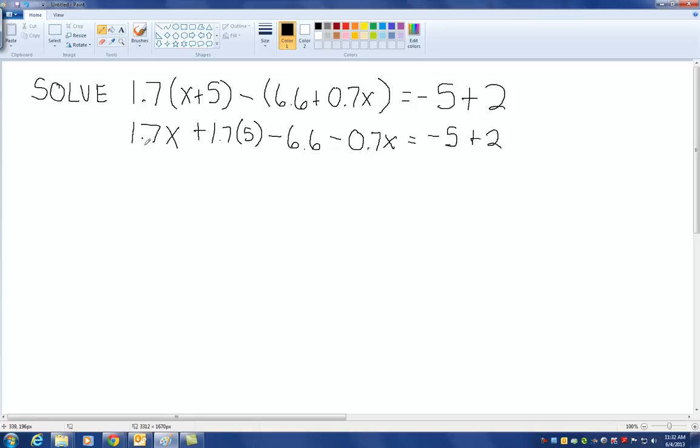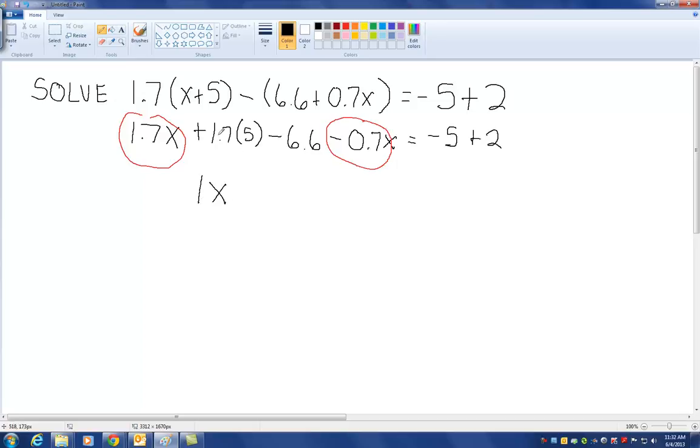Well, now over on this side, we can combine like terms. So we see that the 1.7x and the -0.7x are like terms. 1.7 plus -0.7, that's equal to 1x. Oh, good.